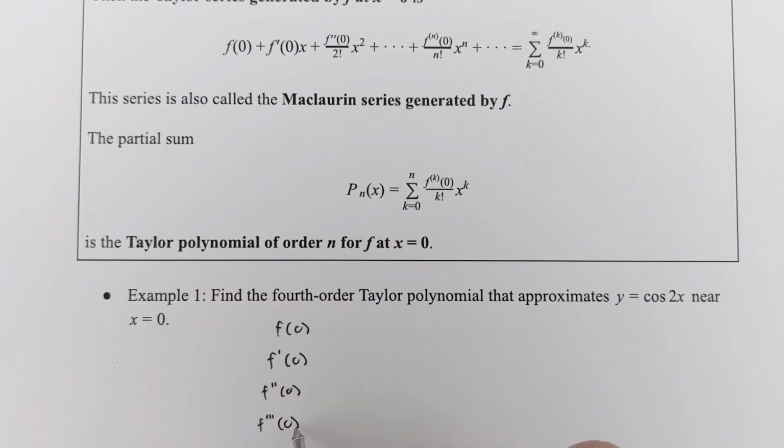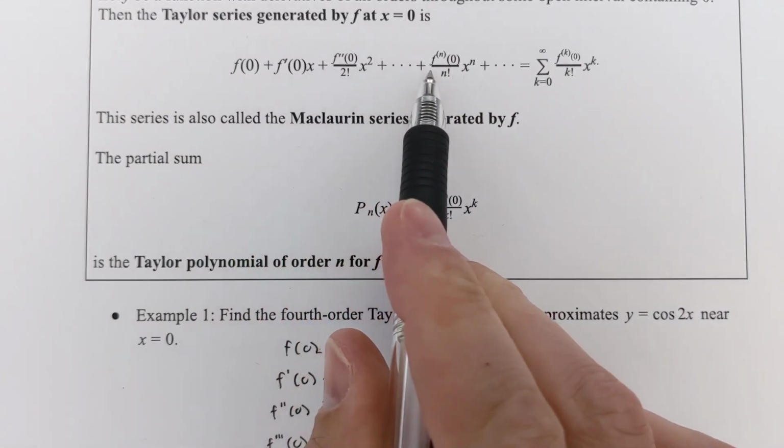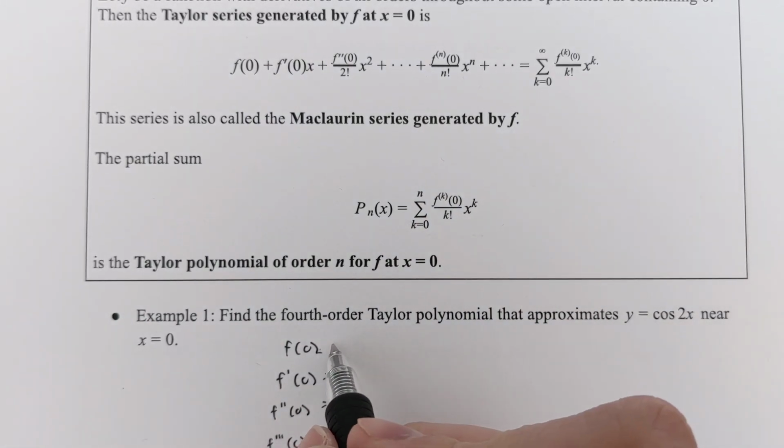Third derivative at 0, that's my x cubed, and then the fourth derivative at 0. These are going to be the values that are going to be my coefficients, or part of them.